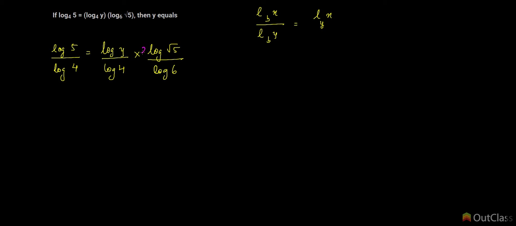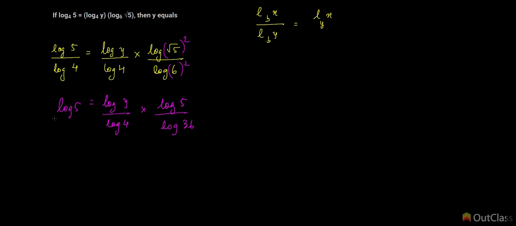If you put a 2 here and a 2 here, you know what happens to the coefficient of a log? It can be using another identity. You can put it as the power here. So then the RHS becomes log y by log 4 into log 5 by log 36.